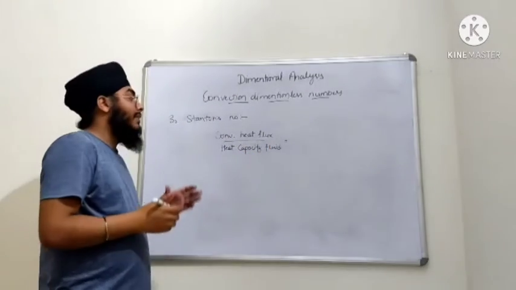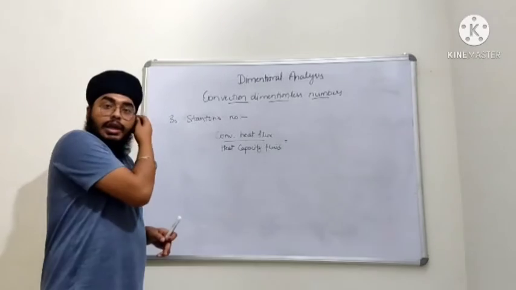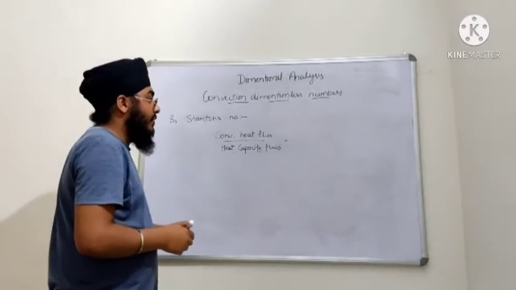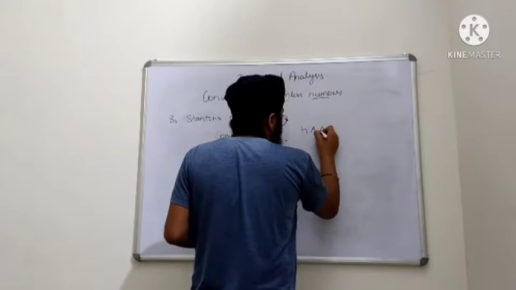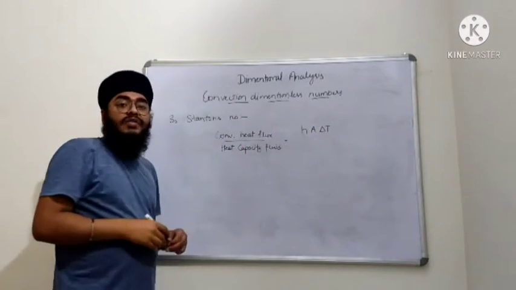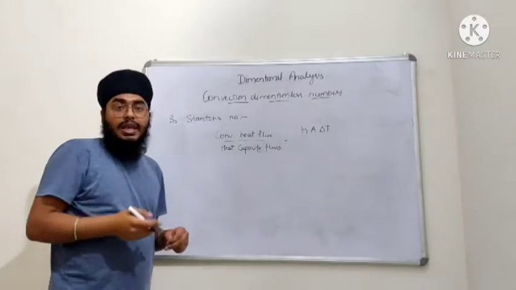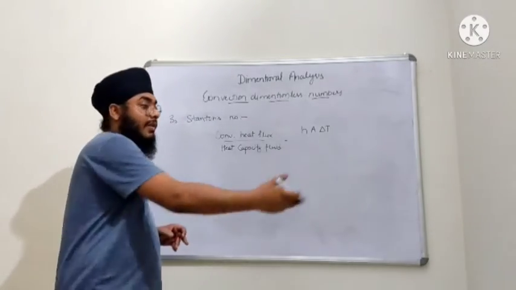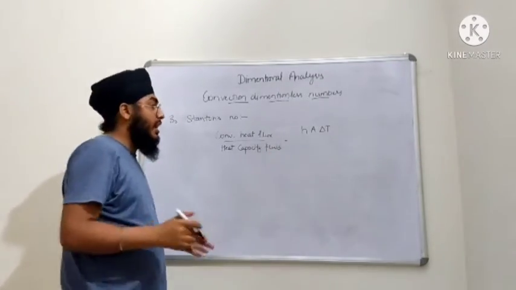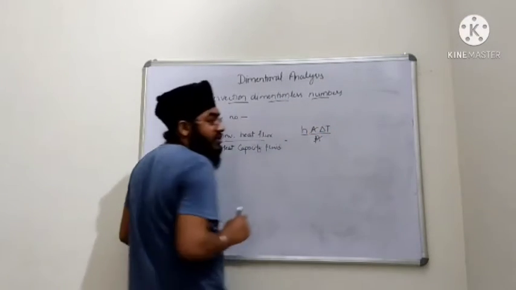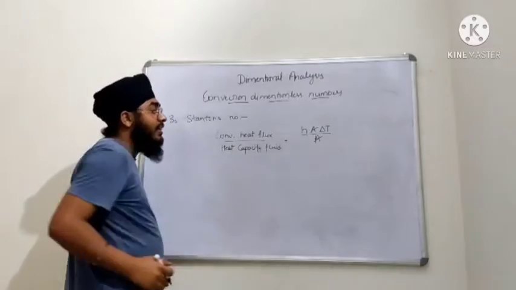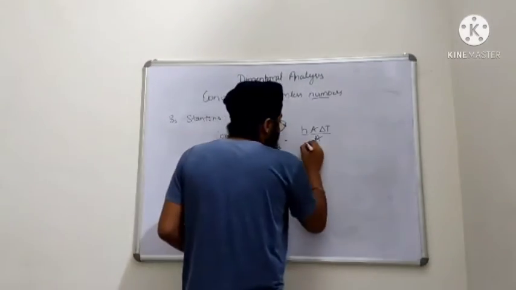We know that heat transfer because of convection is H A delta T, and convective heat flux is nothing but heat transfer per unit surface area. So we will divide it by the area and we will get H delta T only. So convective heat flux will be equal to H delta T.